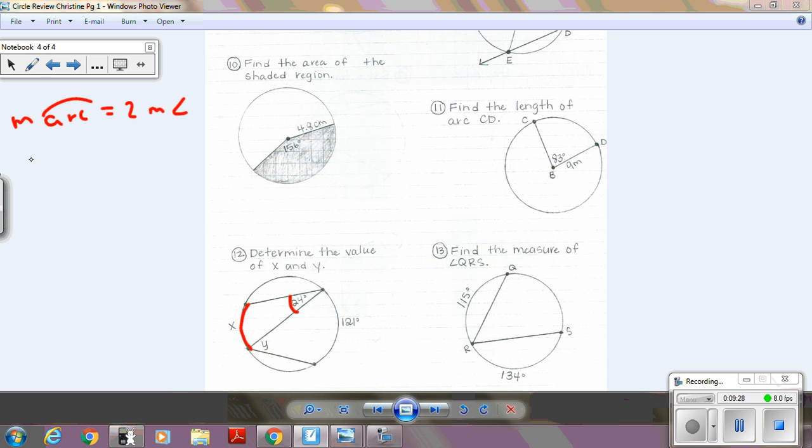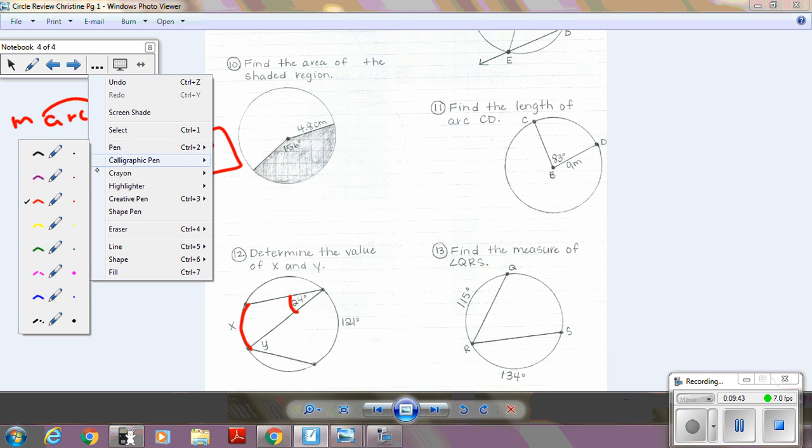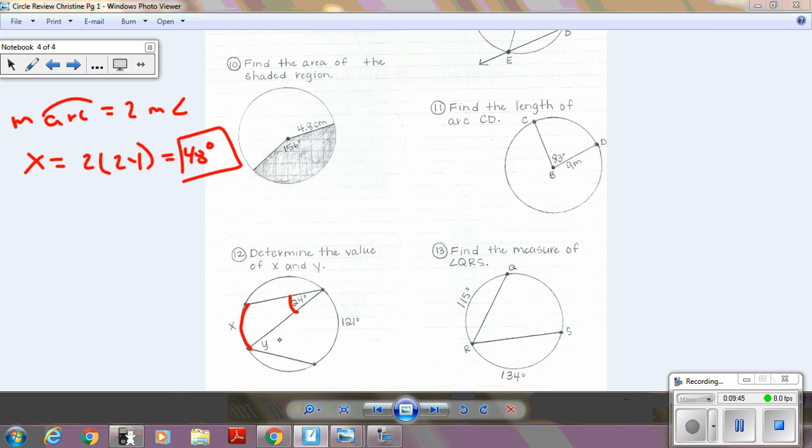So with that being said, x is equal to 2 times 24, which is 48 degrees.